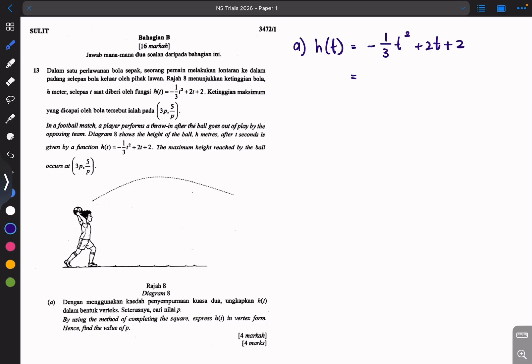To find the vertex form, first we need to make sure a is 1. So this is our a, this is b, this is c. Our a is currently not 1. So we have to factor out the negative 1 over 3, so that a becomes 1. To factor it out, everything, we have to divide by negative 1 over 3.